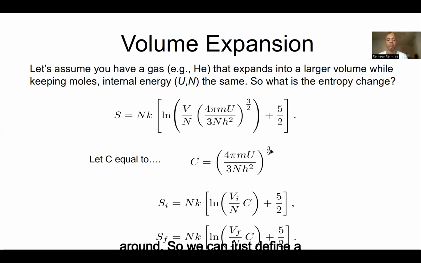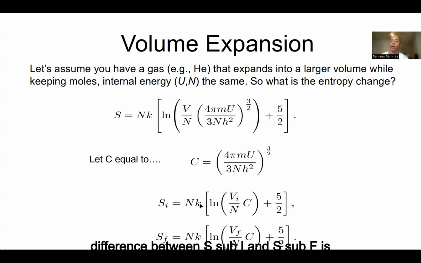So we can just define a constant C that captures all of that and rewrite the equation in this form. Note, though, that I have written this equation twice, right? What we're trying to do is get the entropy change from the initial entropy state, S sub i, to the final entropy state. So after the expansion, it'll have an entropy called S sub f.